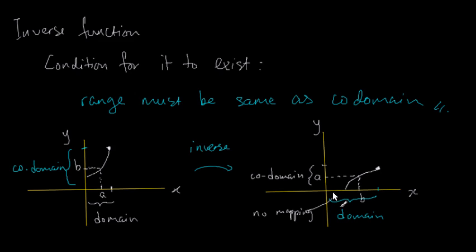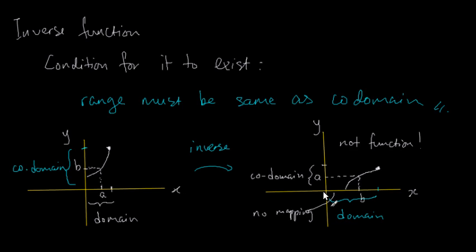So if I want this to be a function, the problem is that there are some values of x for which I have no answer. So in fact, this is not even a function. And if it's not a function, it can't be an inverse function, because an inverse function has to be a function.